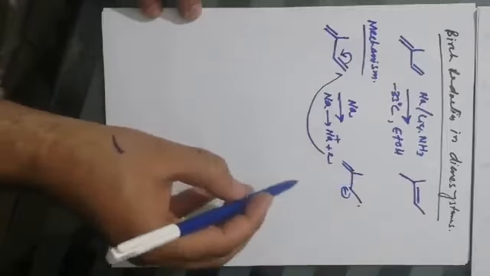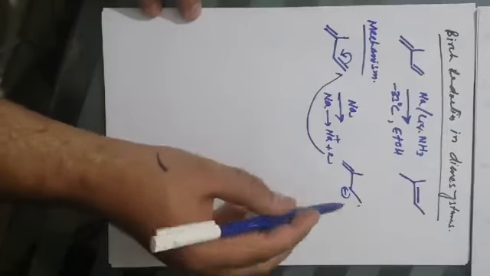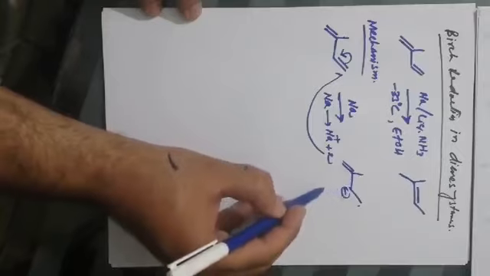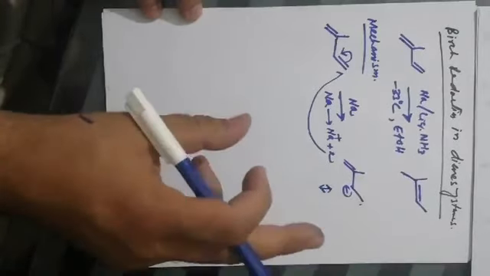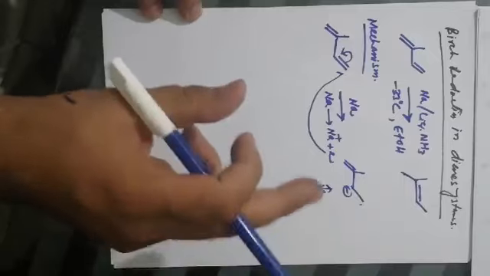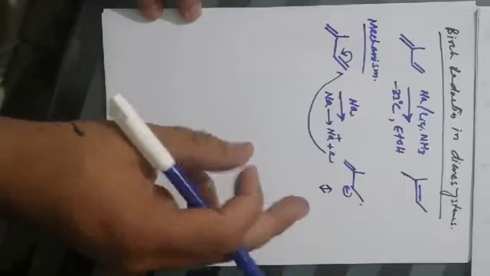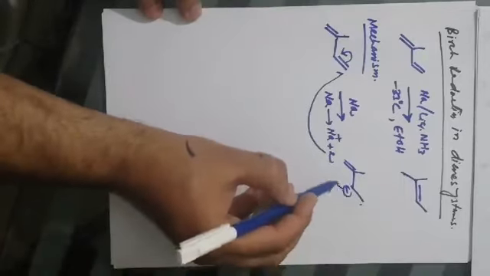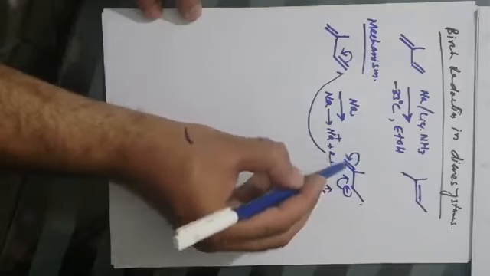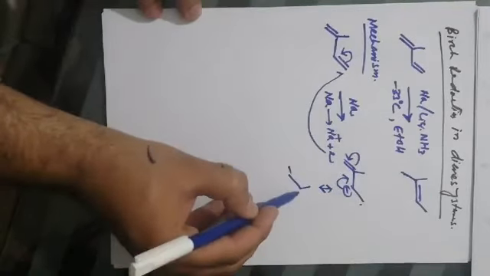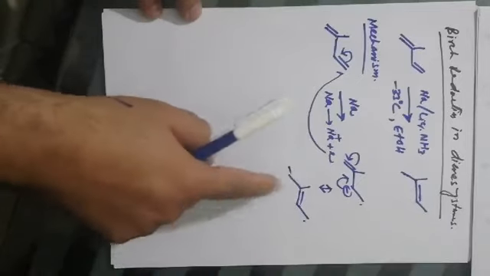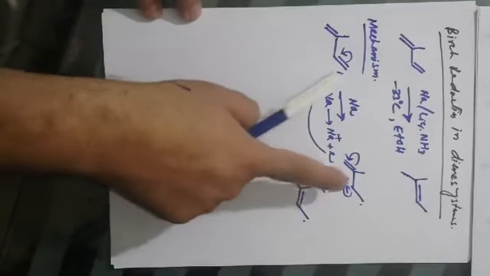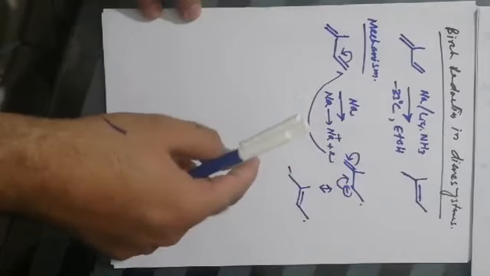Then you will have to draw the resonating structure of this radical anion, and you will have to look at which resonance structure is more stable. When the negative charge comes here, can you draw more resonating structures? No, only two resonance structures are possible.